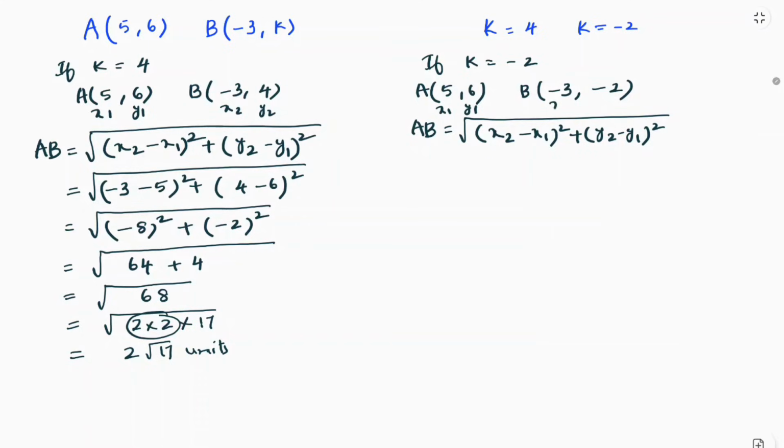This is x1, y1, x2, y2. So now here (minus 3 minus 5) whole square and then y2 minus y1.